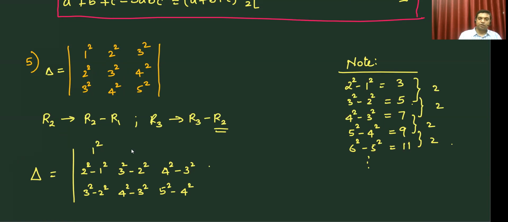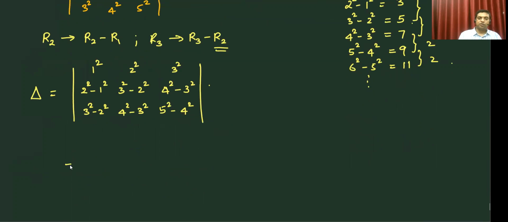Then you have 1 square, 2 square, 3 square. So this becomes 1 square, 2 square, 3 square. This is 3, 5, 7. And then you have 5, 7, 9.